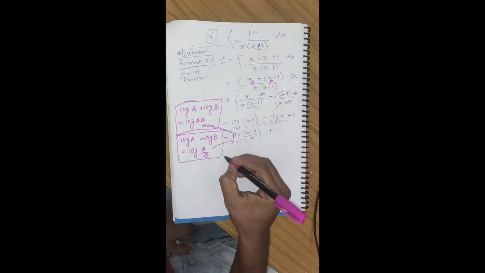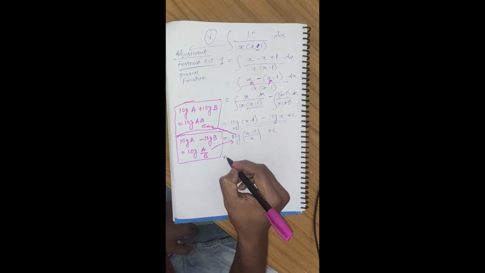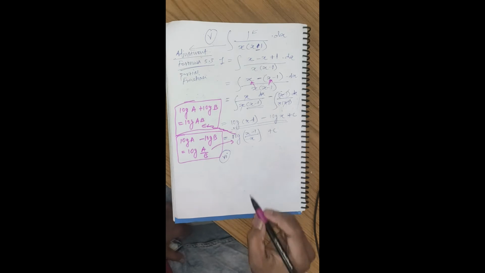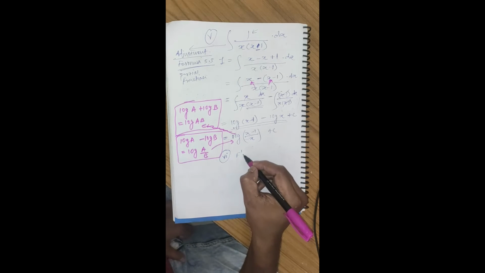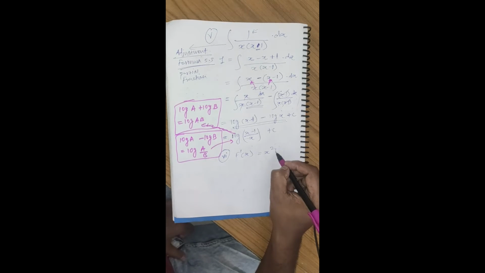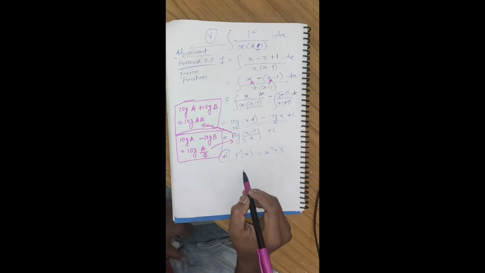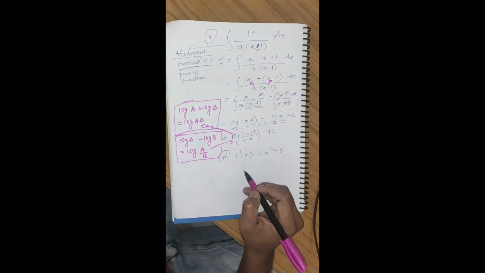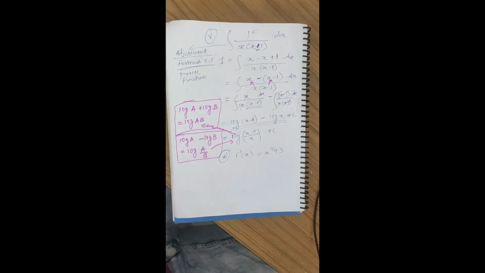Let's take the sixth one. The sixth one is a different type of problem, where f dash of x is given, so x square plus 5. They're asking you to find the value of f of x.